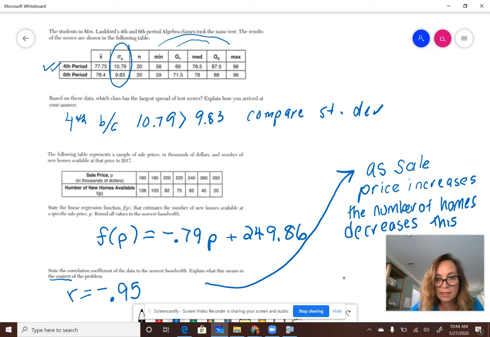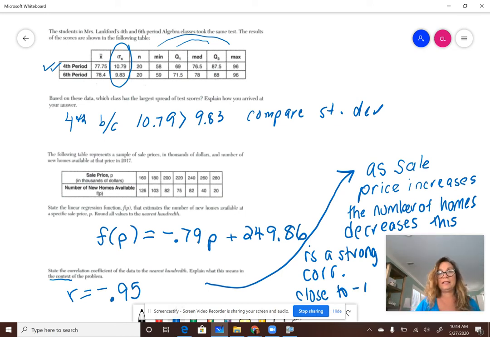This is a strong correlation. And you could say close to -1.